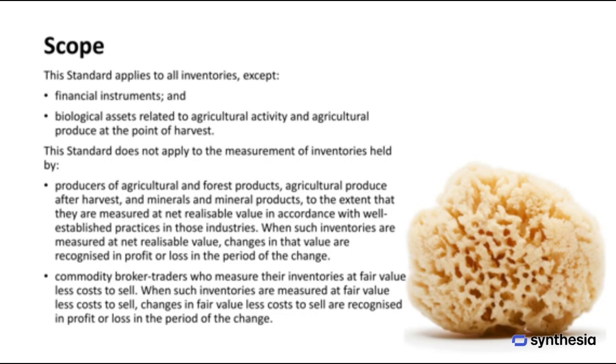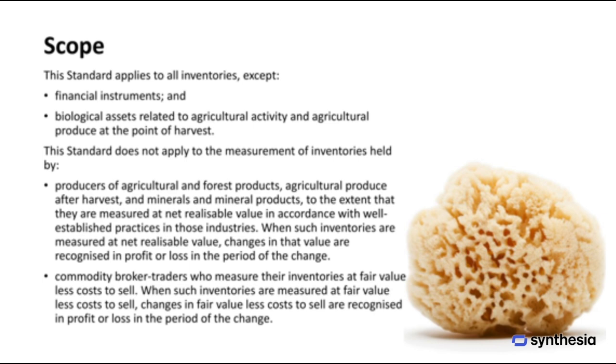This standard applies to most types of inventories across various industries. However, there are a few exceptions. It does not cover financial instruments or biological assets that are linked to agricultural activities, including produce at the time of harvest. Additionally, it does not apply to inventories held by producers of agricultural or forest products or to minerals and similar items when these are measured at net realizable value based on long-standing industry practices.